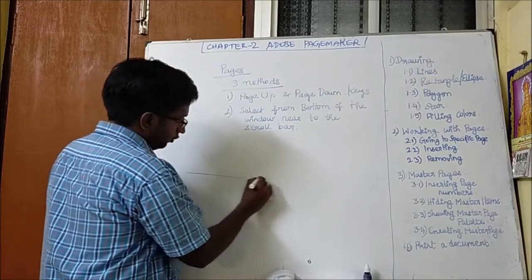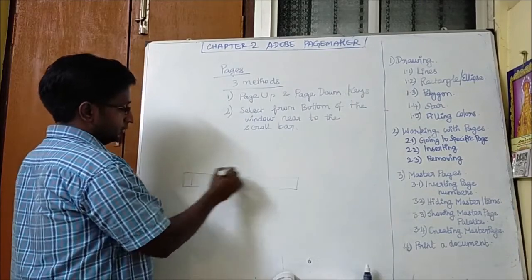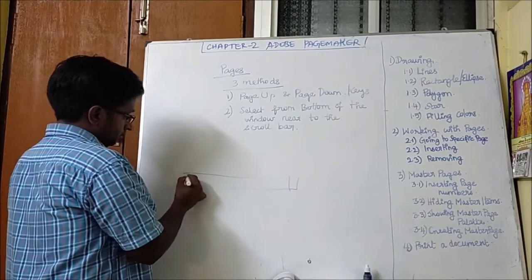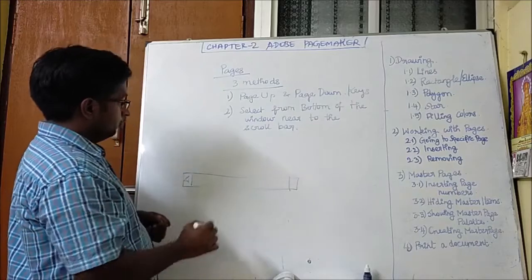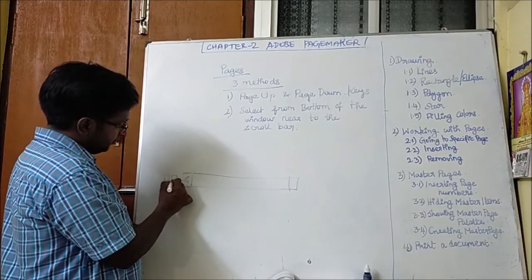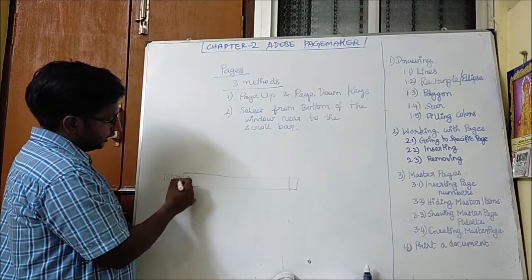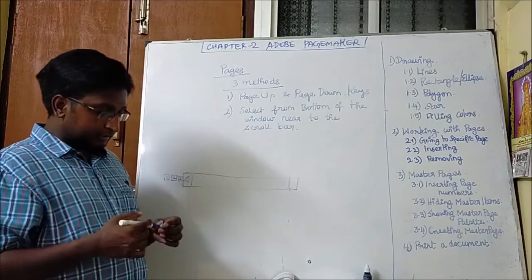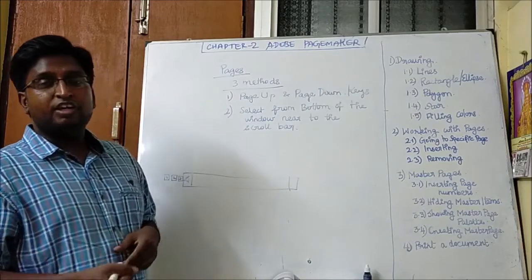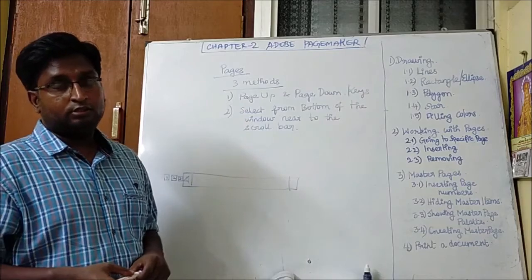So the horizontal scroll bar will be here. When you see, there will be some page numbers. 1, 2 and 3, it goes on. Like that, you will be having the page numbers. You can also select the pages from there.